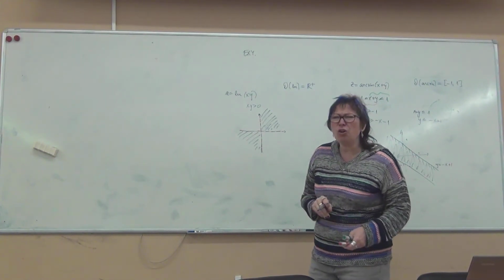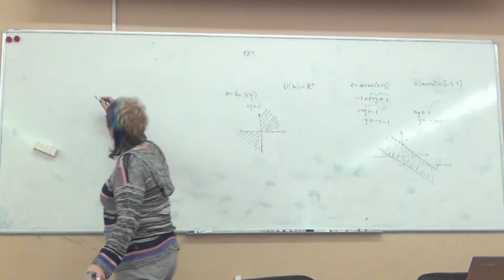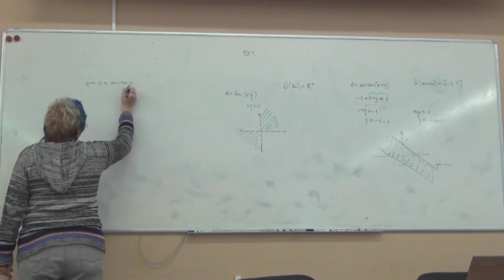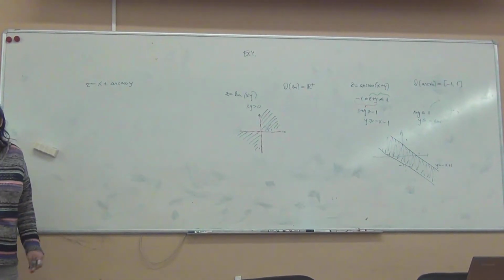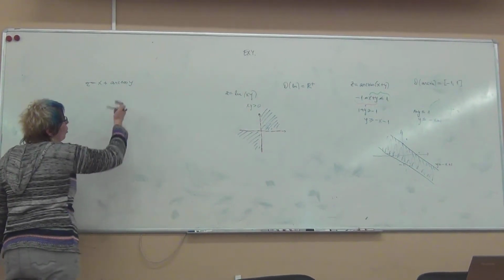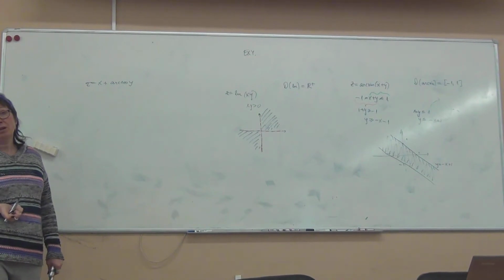Z equals x plus arc cosine of y. That's simple actually. X can be anything, no restrictions at all. The domain of arc cosine is again from -1 to 1.